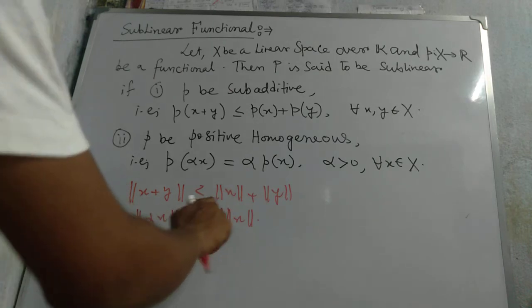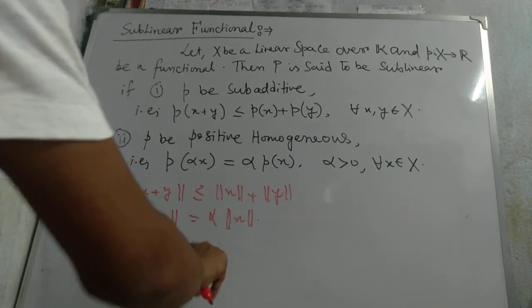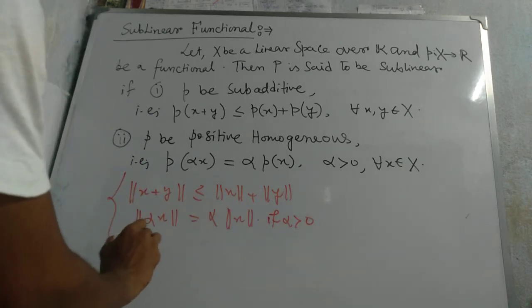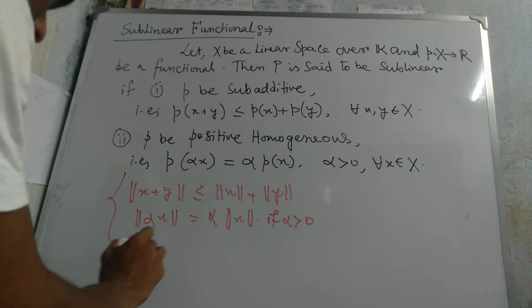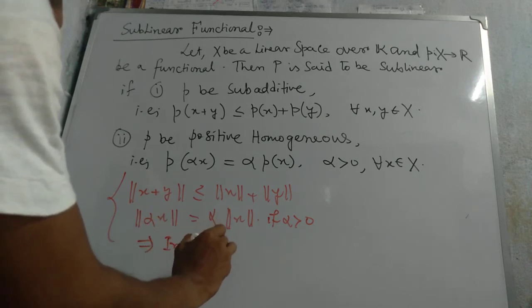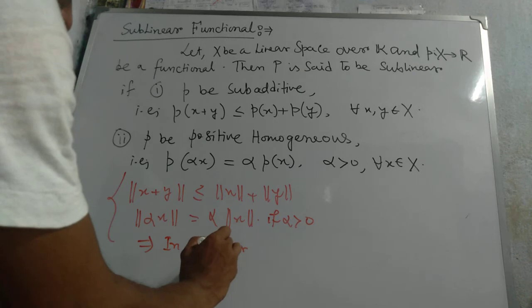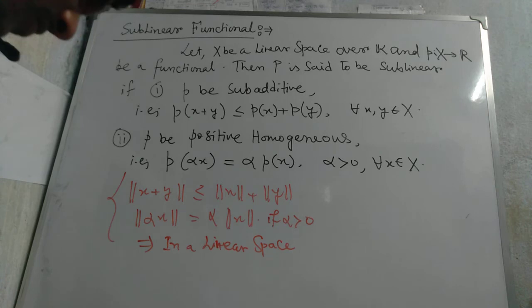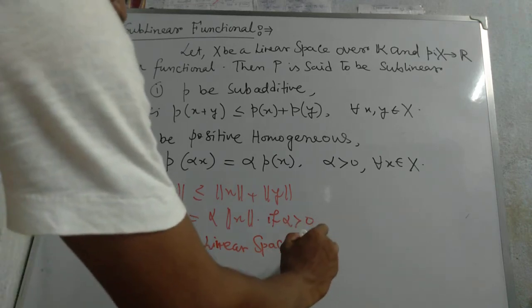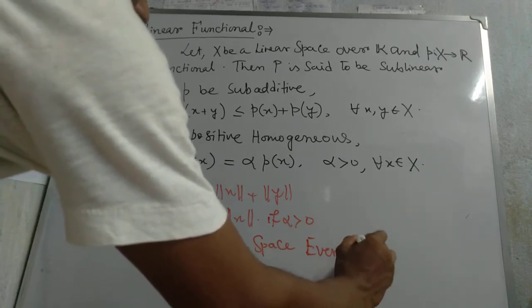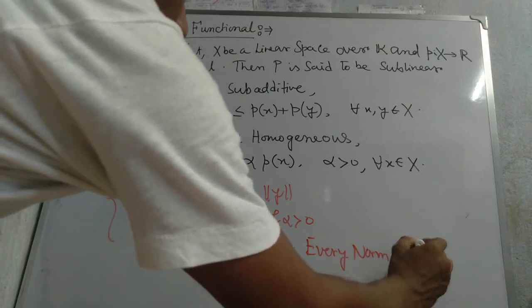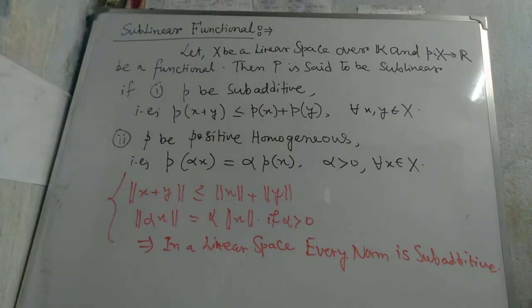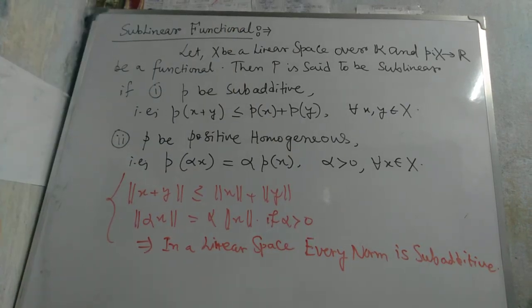If alpha is greater than 0, then this happens. So this implies that in a linear space, every norm is subadditive.